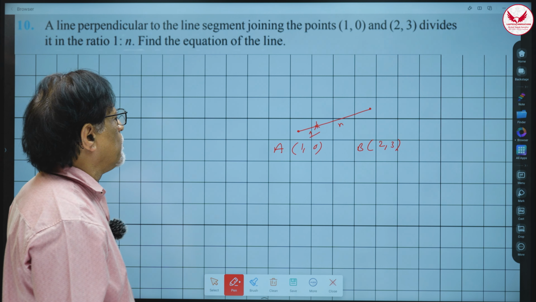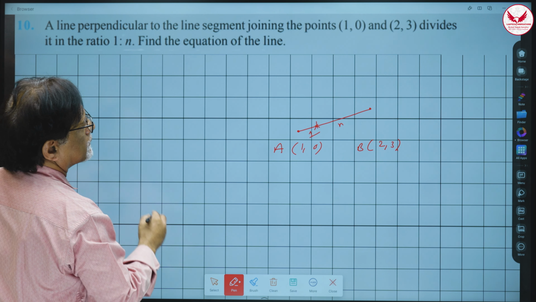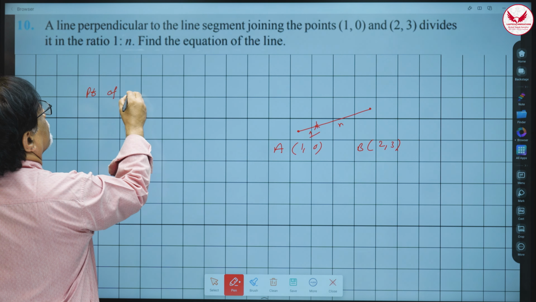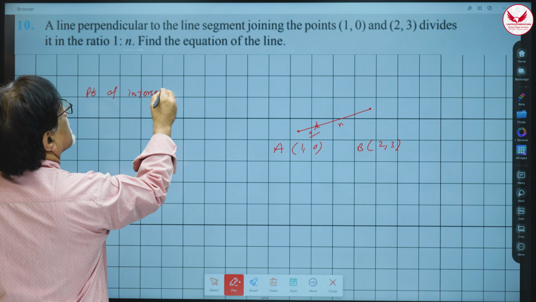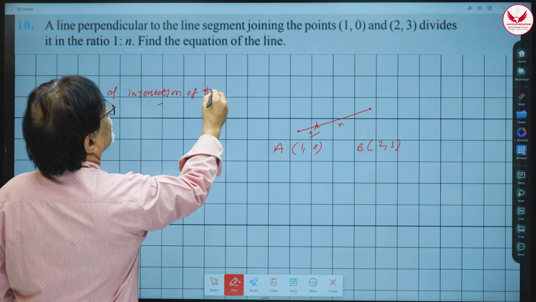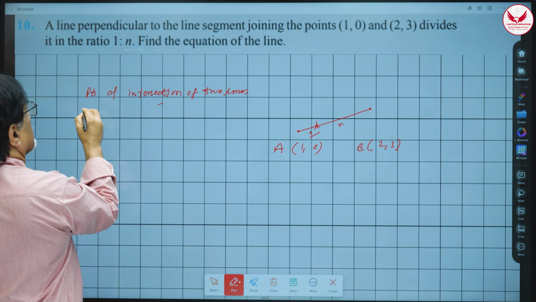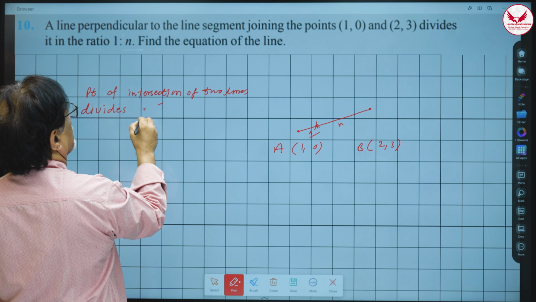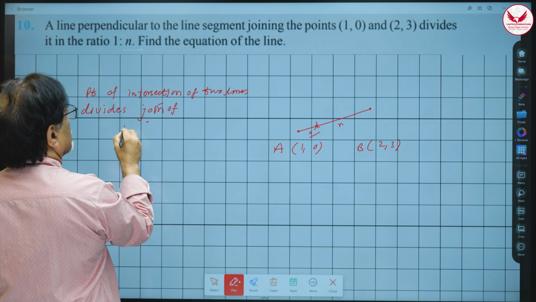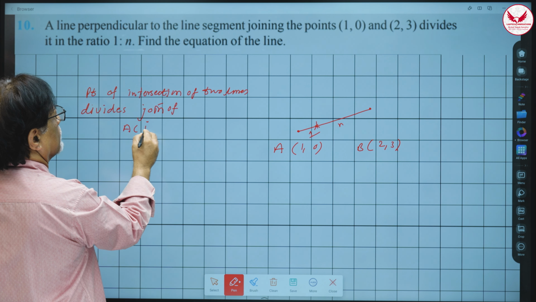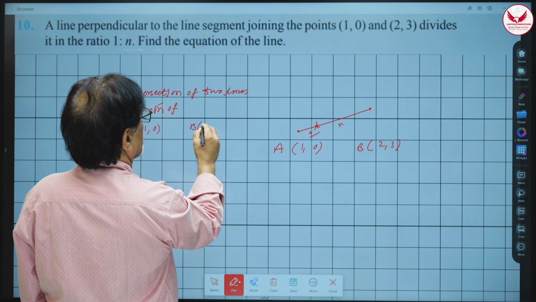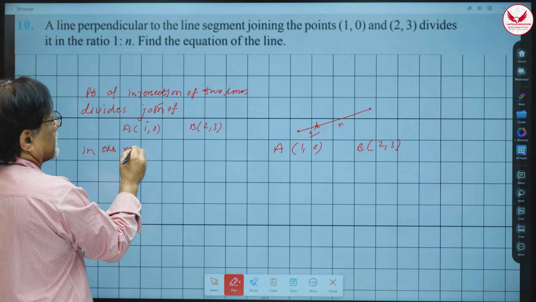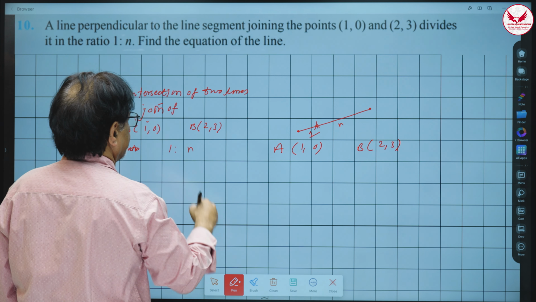This point divides the join of 1, 0. So the point of intersection of two lines divides the join of A, that is 1, 0 and B, that is 2, 3 in the ratio 1:n, correct?